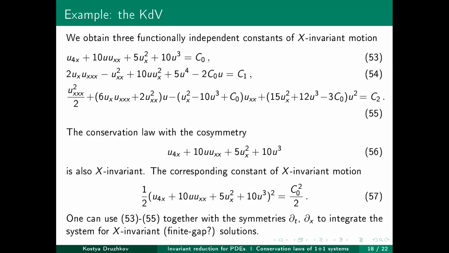Maybe in this sense, the example is not that. We can use any other examples, of course, but this is one of my questions to the audience. If you can tell me something about the exact relation between symmetry invariant solutions and finite gap solutions, at least of integrable systems, it would be nice.